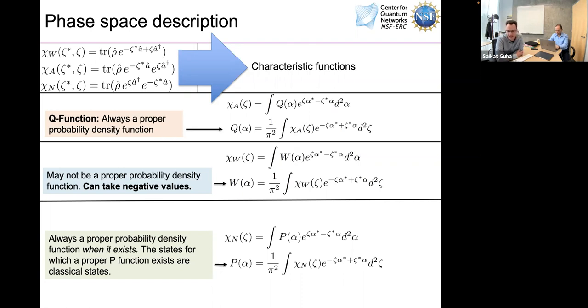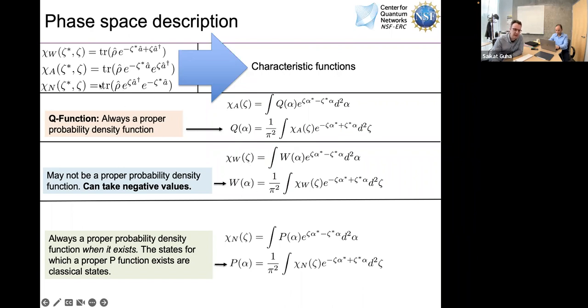Now, you have three characteristic functions. You can do a Fourier transform on all of these three characteristic functions, and this is how you derive the so-called quasi-probability distribution functions. For example, if you take this one and you do a double Fourier, you get the Q function, the Husimi Q function. If you take this one and you do a Fourier, you get the Wigner function.